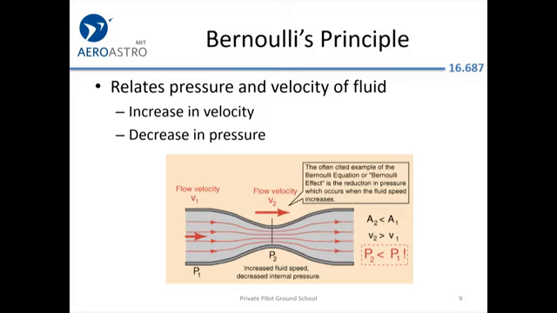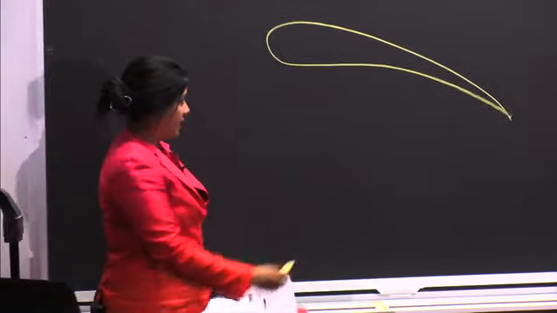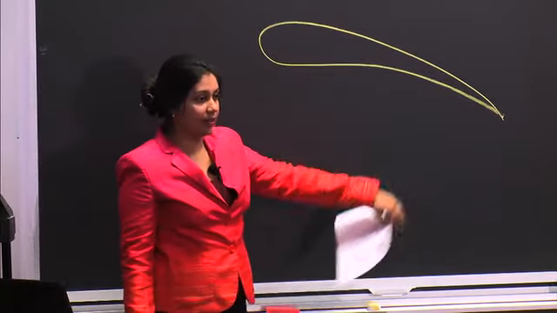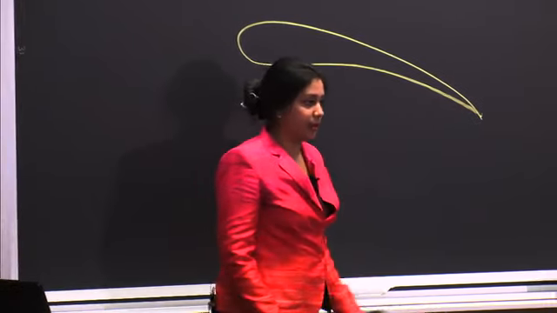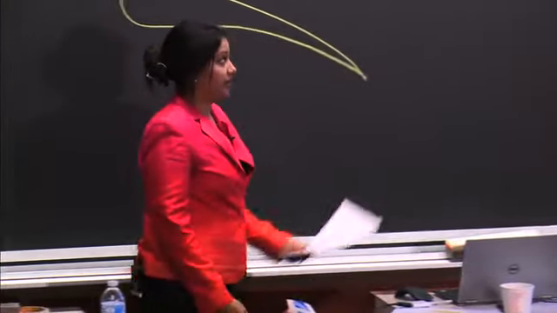And so when we think about an airfoil, and I'll draw another airfoil for us to talk about, when we have air that's moving very fast over the top of the wing, an increase in velocity means there's a decrease in pressure. So this is the extent to which you really need to know it for the FAA exam.